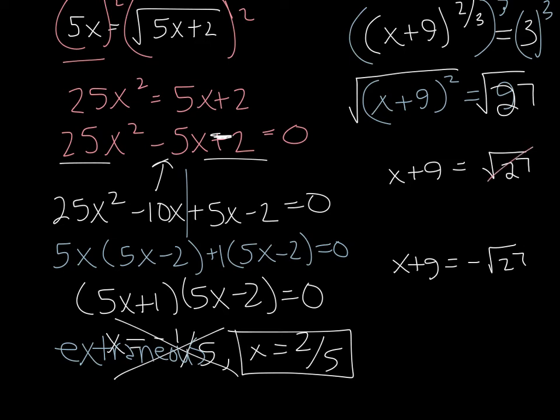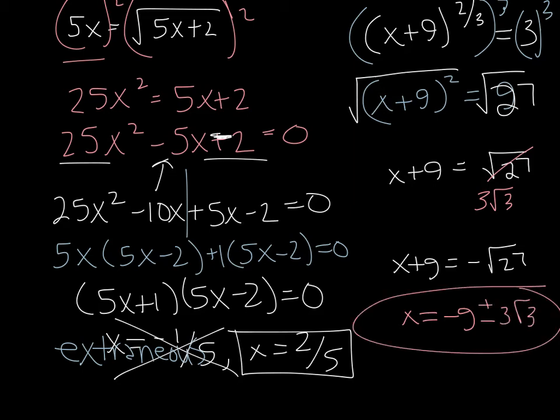Root 27 breaks down to 3 root 3. So you'll have x equals negative 9 plus or minus 3 root 3 as your answer.